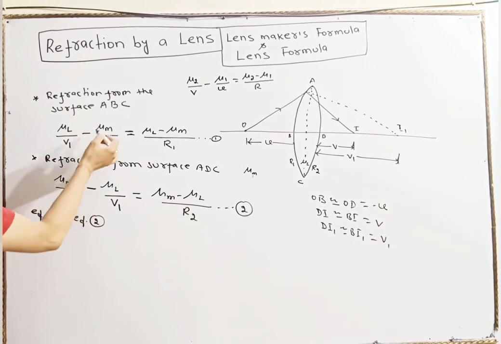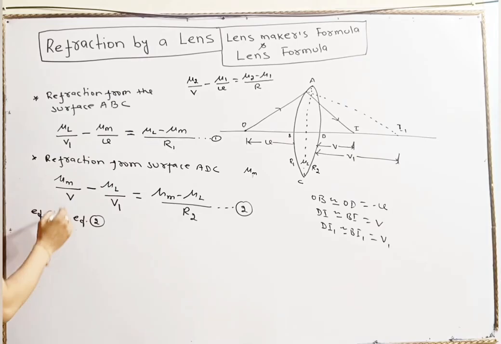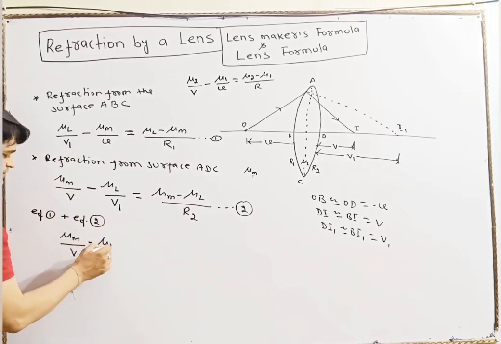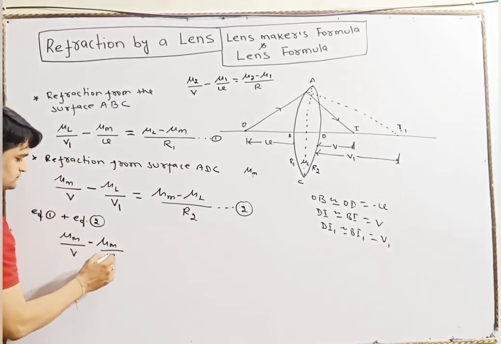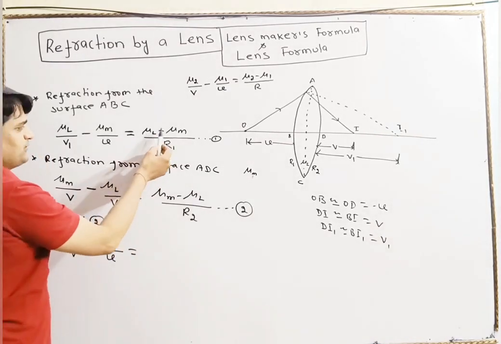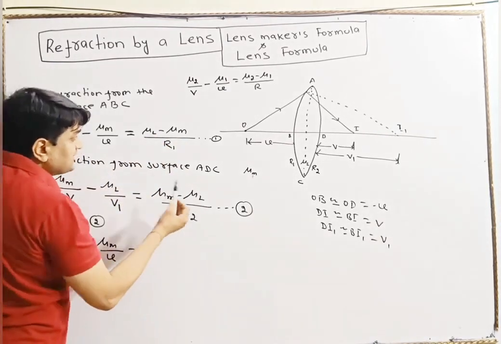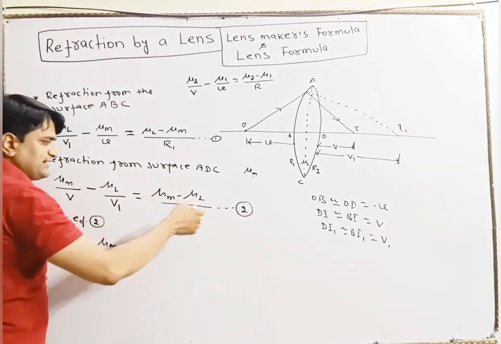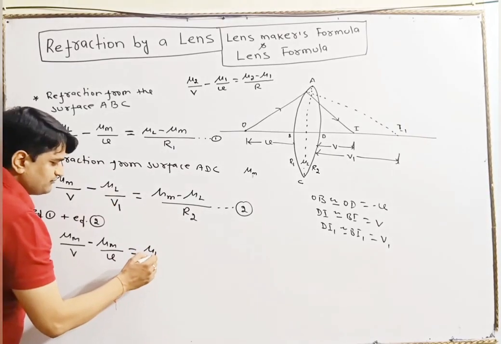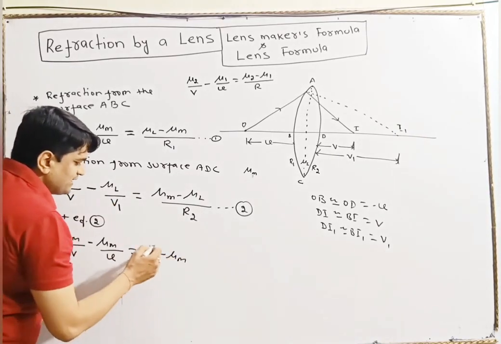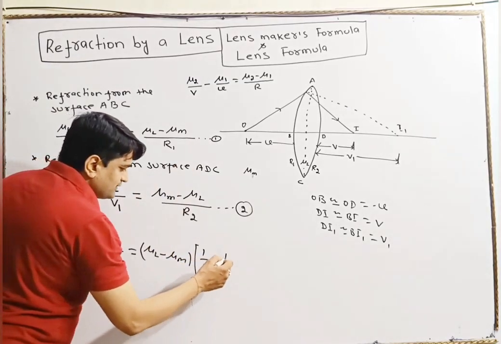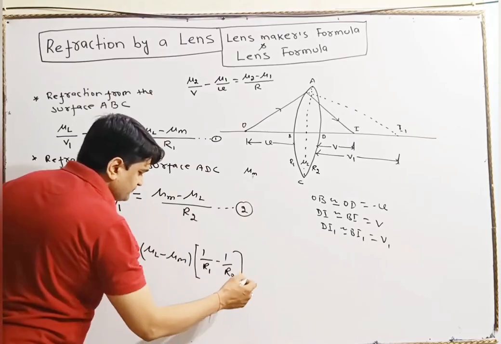Here is mu M upon V and minus mu M upon U. So the result will be mu M upon V minus mu M upon U. On the right side, mu L minus mu M, and here is mu M minus mu L. If I take mu L minus mu M as common, it becomes 1 upon R1 minus 1 upon R2.